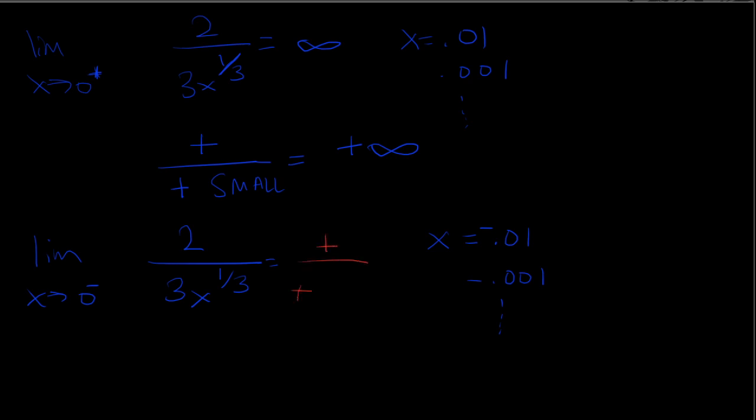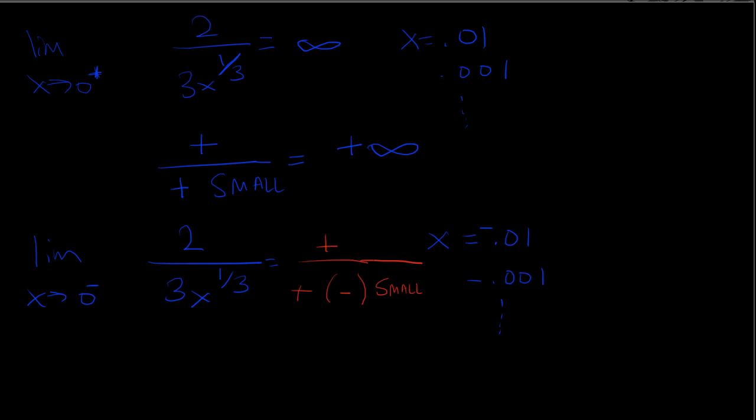The 3 is positive, but then I'm going to be taking a cube root of a negative. So cube root of a negative is negative, and then since we're getting very, very close to 0, the cube root of that is also going to be really close to 0. In other words, it's going to be very, very small.